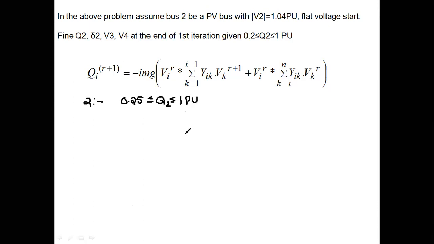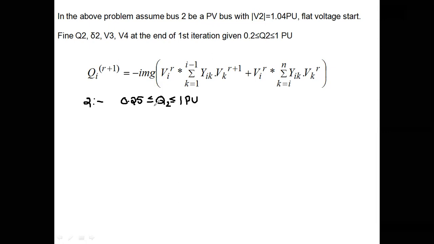Okay. Now, how to proceed? Suppose you are getting violated limits. Why am I using the word violation? Because Q2 we have already obtained as 0.2039, right? But in this case, the lower limit is 0.25. Suppose this is the case, how can we proceed?